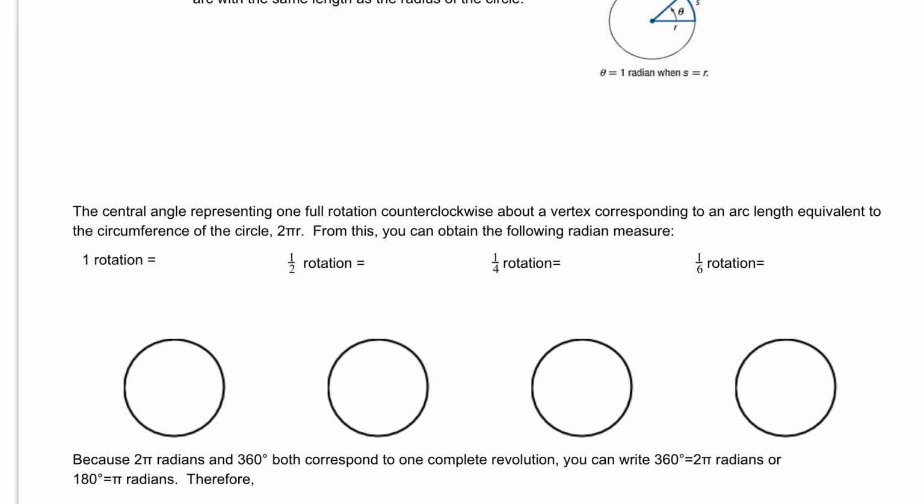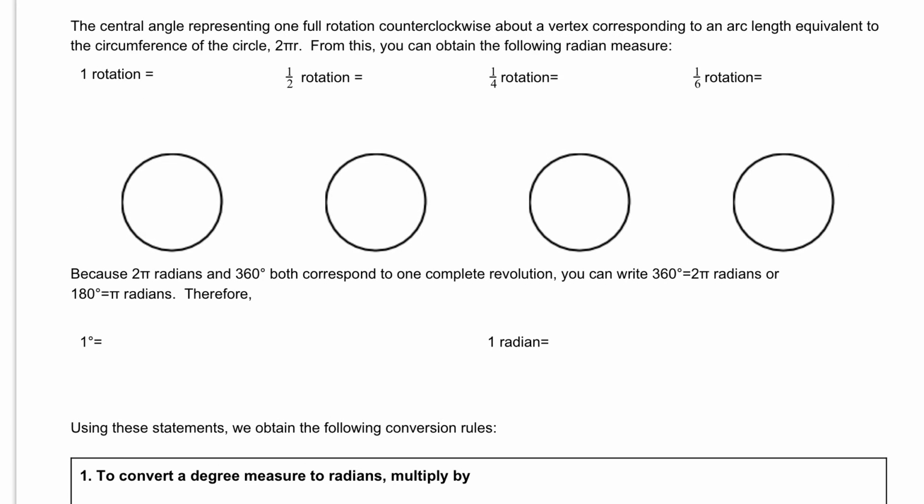Then if we get to the next part, it says the central angle representing one full rotation counterclockwise about a vertex corresponding to an arc length equivalent to the circumference of the circle, which is 2 pi r. So the circumference of a circle is 2 pi r. From this, you can obtain the following radian measures. So this is the part that you really want to understand and know.